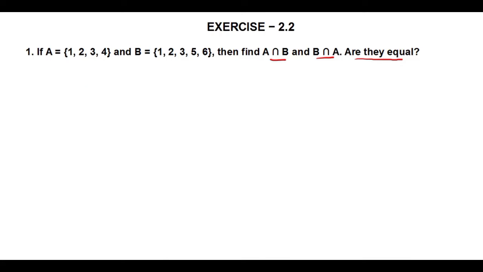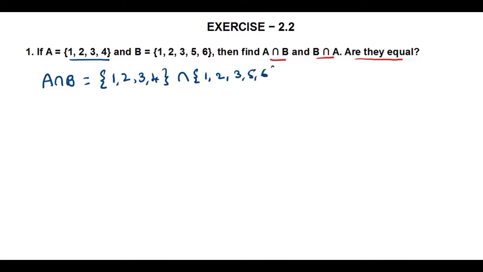So I'm going to write the answer, that is A intersection B. Generally A intersection B means first we write the elements from set A, that is 1, 2, 3, 4, intersection B elements, that is 1, 2, 3, 5, 6. Intersection means the common element in both. We can find 1 is common, 2 is common, 3 is common. That's it. Okay, so then your answer is 1, 2, 3.